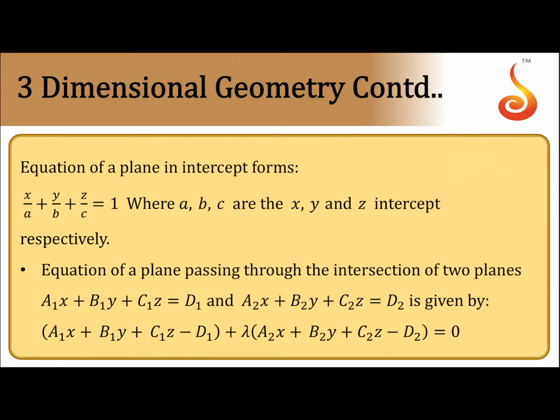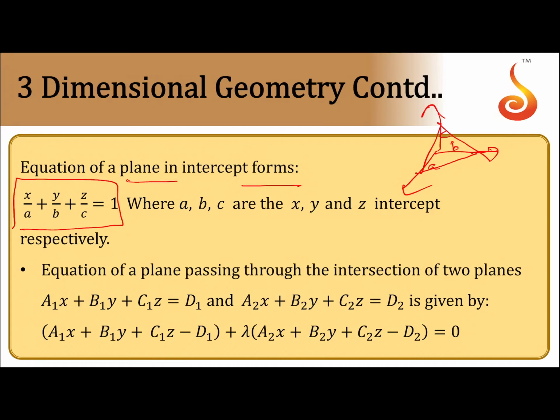And the next, some of the important points which you require in three-dimensional coordinate geometry. The equation of a plane in the intercept form is given by x by a plus y by b plus z by c equals 1. This is the plane intersecting the x-axis at a, y-axis at b and z-axis at c. Small letters a, b, c are the intercepts made by the plane on the x-axis, y-axis and z-axis.